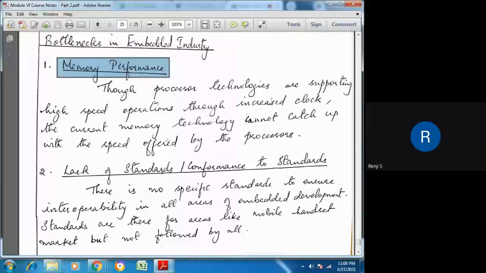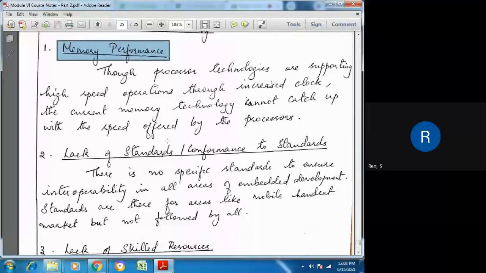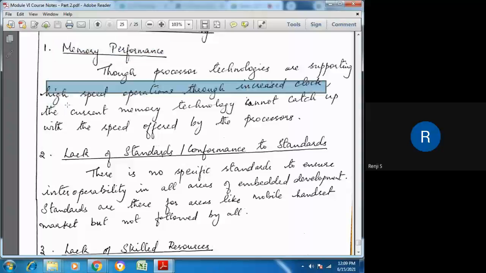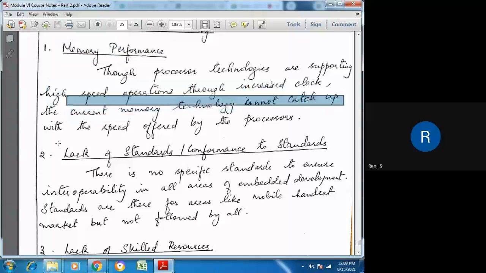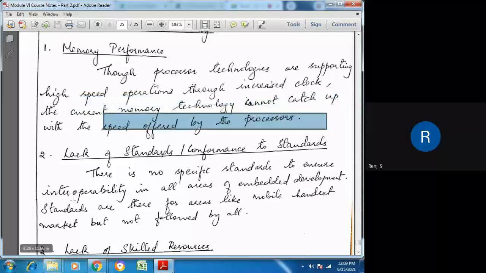Though we have high-speed processors, we don't have enough memory to keep up with the increased clock speed of the processors. Though processor technologies are supporting high-speed operations through increased clock, the current memory technology cannot catch up with the speed offered by the processors. So that is one of the bottlenecks. Memory cannot catch up with the processor speed.